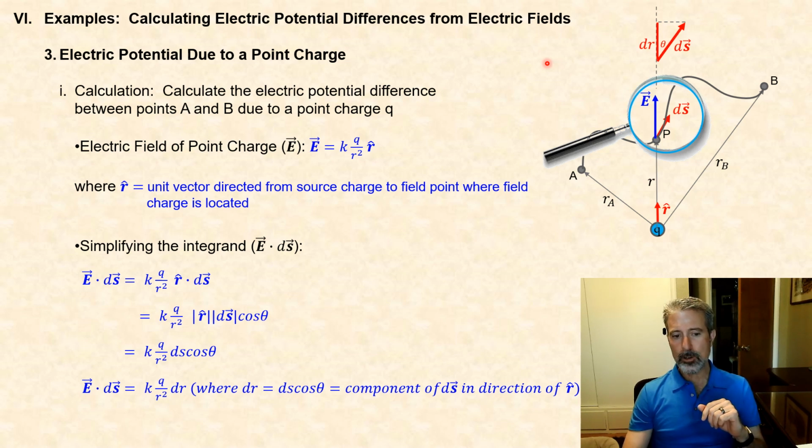And this is generally true. So we can simplify this. The integrand E dot ds we can write as kq over r squared times dr, because ds cos theta is the component of that displacement vector ds that is in the direction of r hat. And we'll finish this up on the next slide.